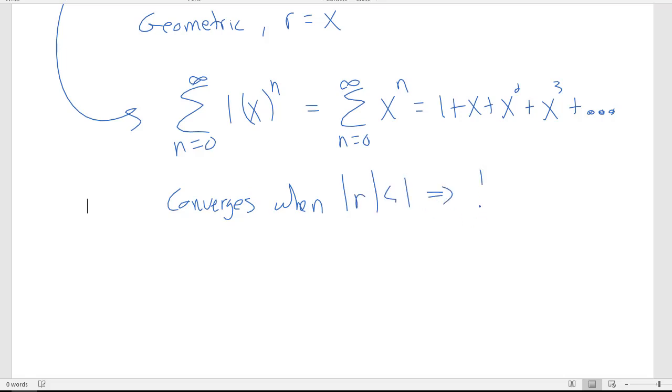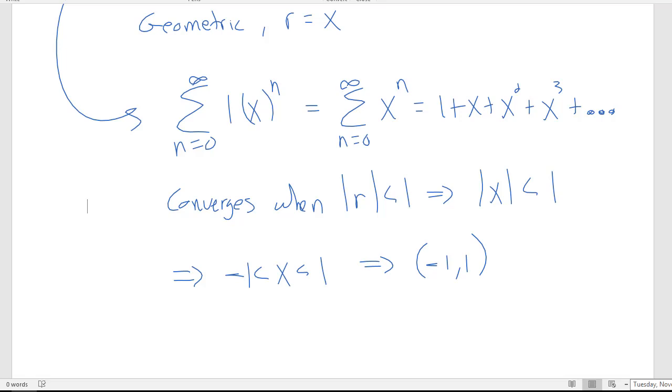So for us, that means our ratio is x. So this will converge anywhere between minus 1 and 1. Right? So this implies minus 1 less than x less than 1, in inequality form. We could also write that in interval notation.